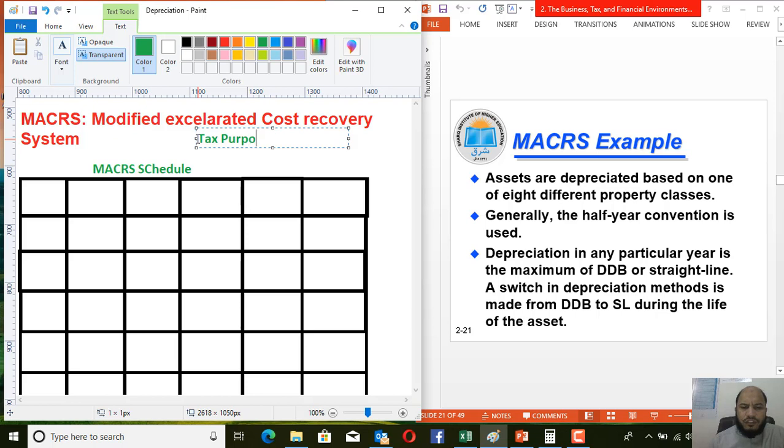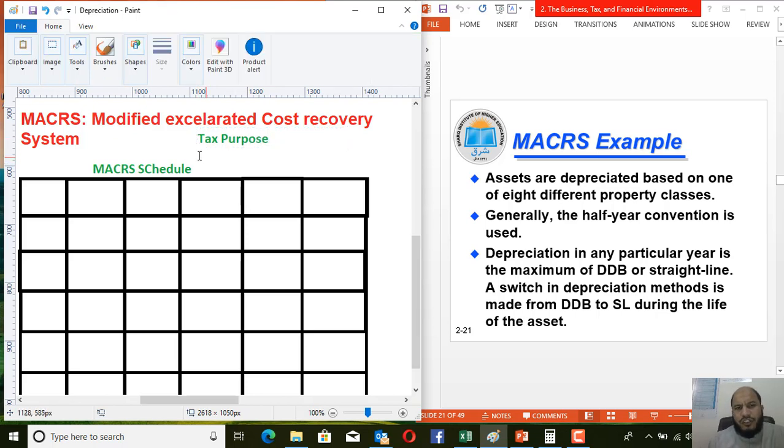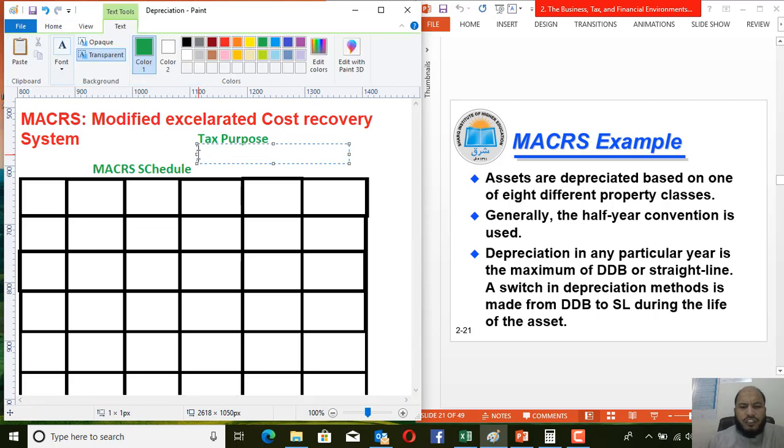This is one of the major characteristics of MACRS. Second, we may say that MACRS considers the half year convention in its calculation.